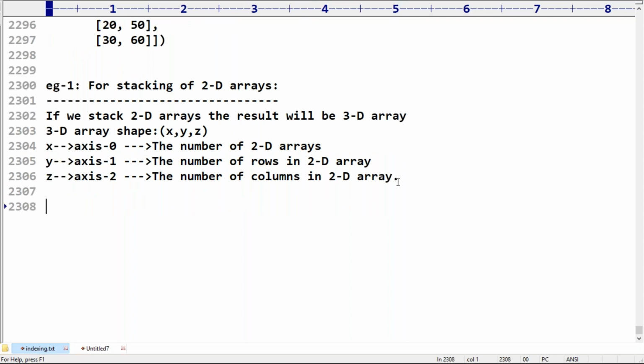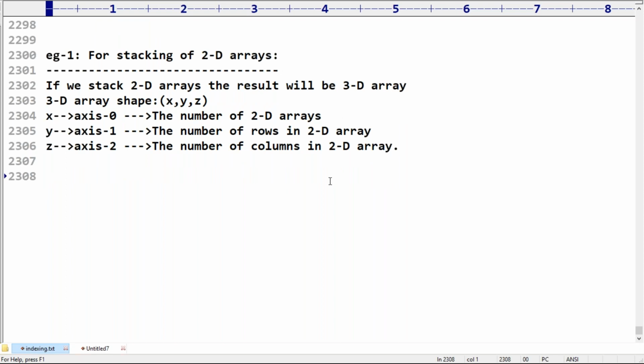Let me go for a small example, then you will get much clarity. Two examples minimum we will take, so that you get clarity about which approach is recommended for easy understanding.